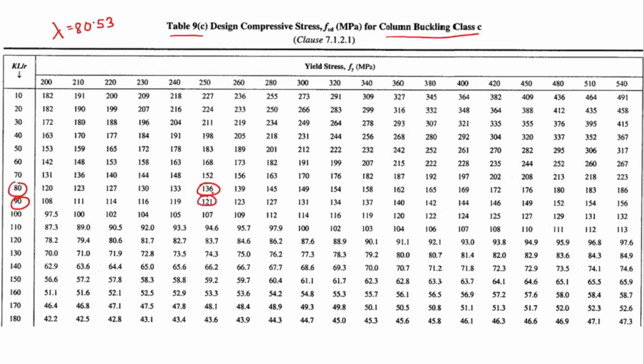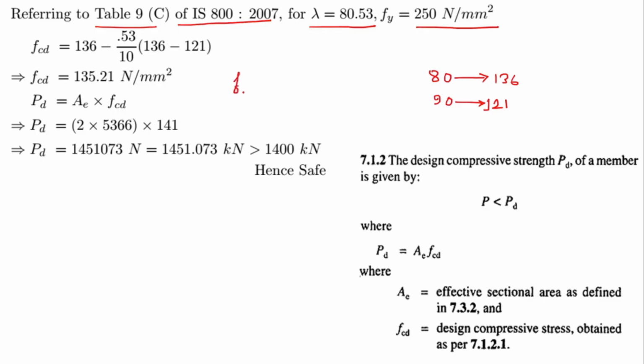So to get the value of fcd for our slenderness ratio, we have to interpolate the value between 136 and 121. So fcd will be 136 minus, because from 136 to 121 the value is decreasing, at the numerator 136 minus 121, divided by the difference between 80 and 90, which is 10, multiplied by 80.53 minus 80.